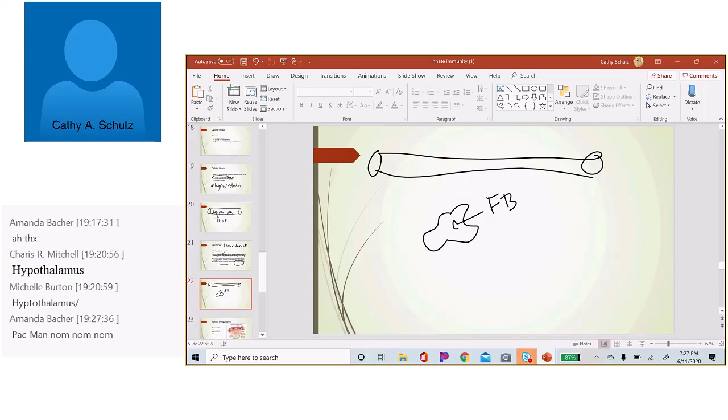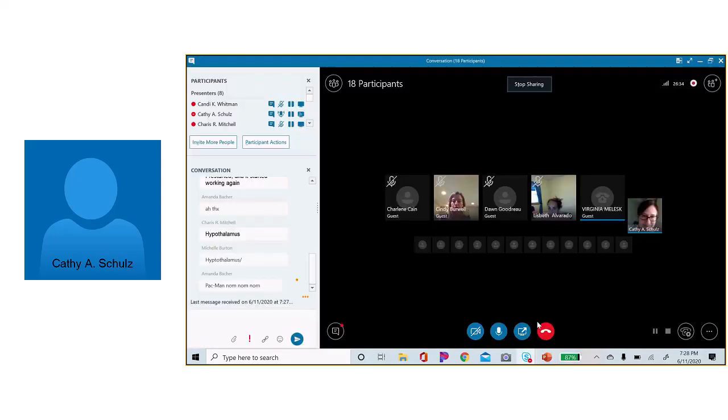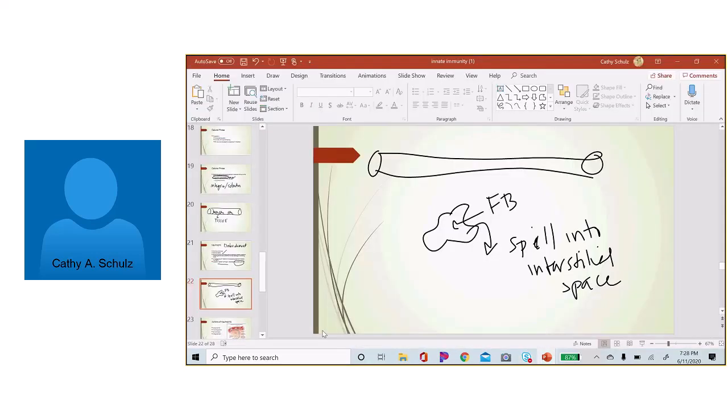And then instead of dividing, they're going to open up and spill their contents into the interstitial space. And this will provide the body with two, yes, it does look like a Pac-Man. It's my beautiful drawings. So when it spills its contents, it helps with two things.